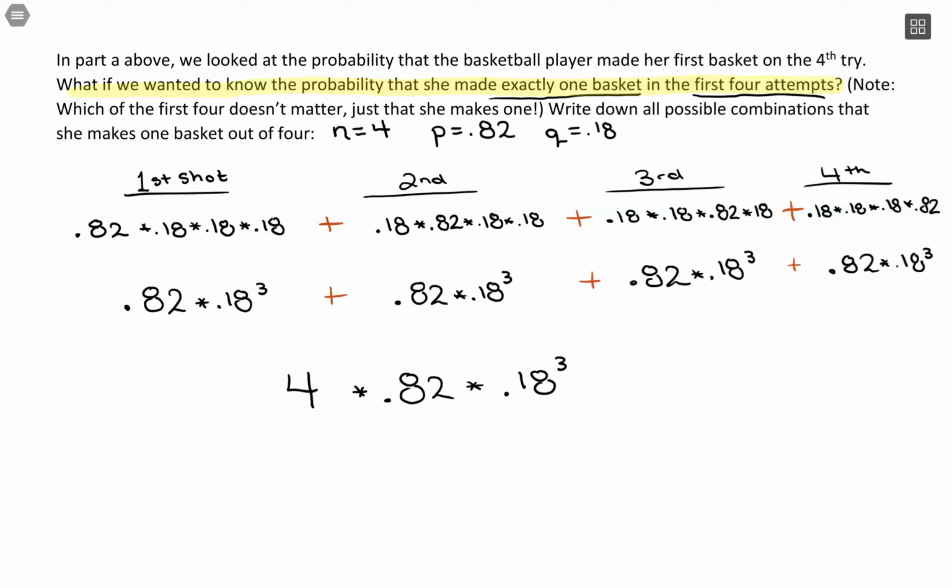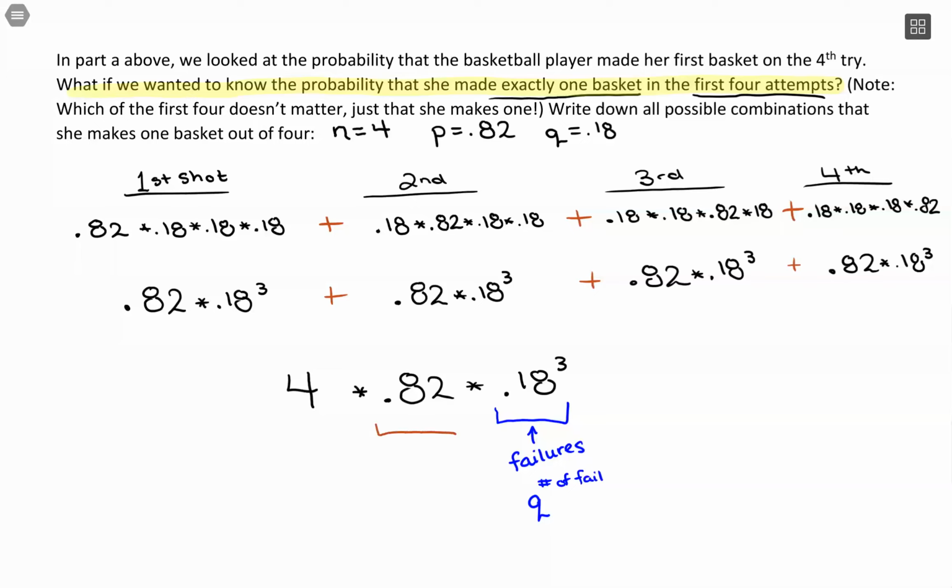So to answer this scenario of what if we wanted to find this exactly one basket in first 4 attempts, if you see the breakdown here, it's that to have that, we would need to figure out the numbers of failures. So what we're doing here is taking our probability of failure and raising it to the exponent of number of times we have to fail to fit that scenario.